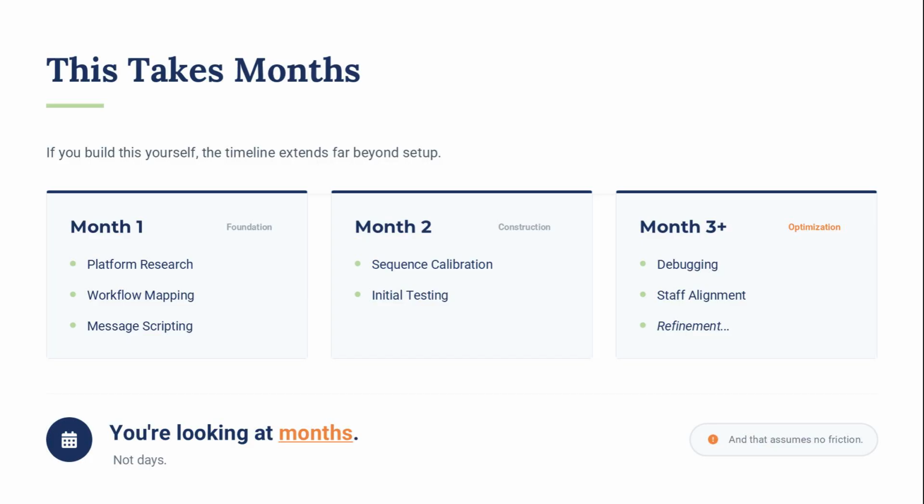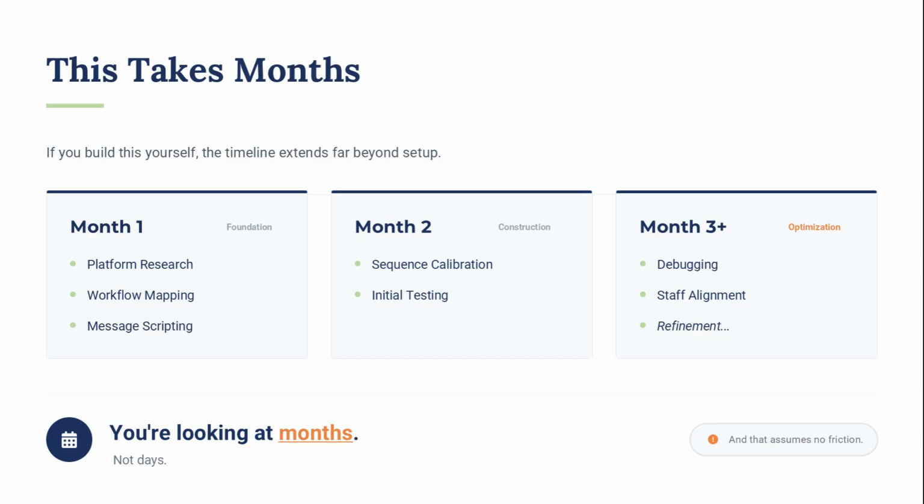If a practice decides to build this internally, the timeline extends far beyond setup. Because this isn't a single action. It unfolds in phases. Month 1 foundation: platform research, workflow mapping, message scripting. Month 2 construction: sequences are built, timing is calibrated, initial testing begins.